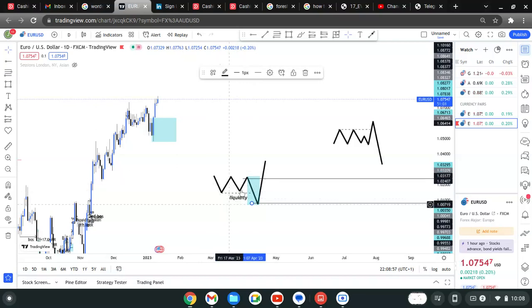The whole concept is that institutions will sell down to liquidate people who want to sell this breakout. They see price break this low, they think price wants to go down, and it comes back and stops them out. Because we are all taught to keep our stop loss above every previous high. So they have been liquidated at this point, and this zone left here is called the demand zone.